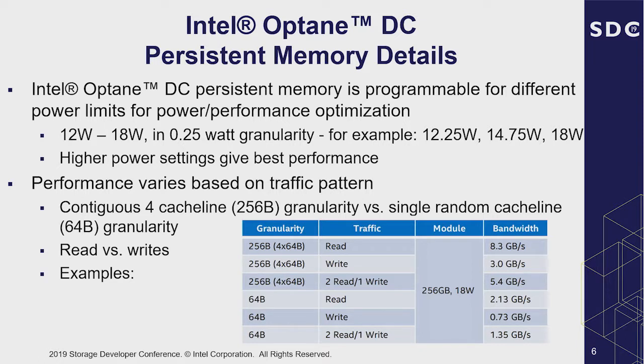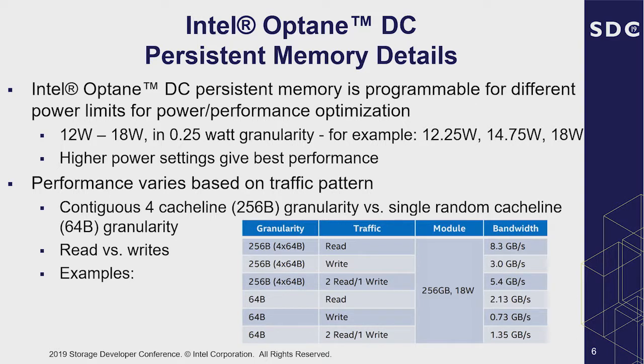Question. How much memory is on one of those, or is it variable size, or one size fits all? That's a good question. The DC persistent memory modules come in 128 gig, 256, or 512 gig densities. You normally run these in a pair on a board. We have a variety of configurations, what we call a 111.